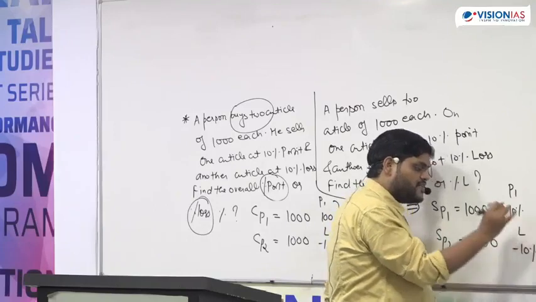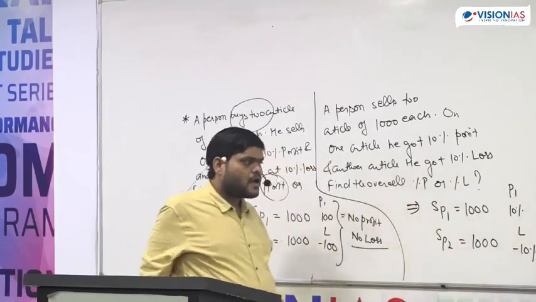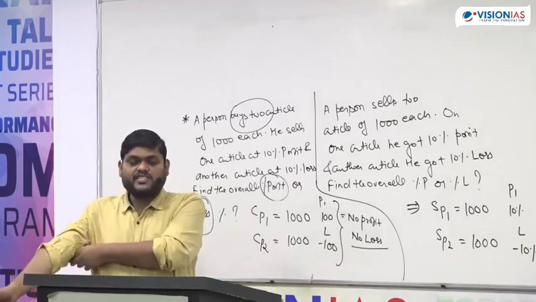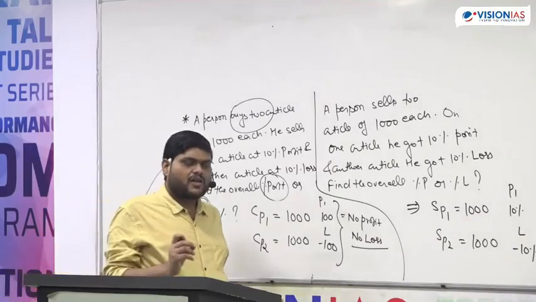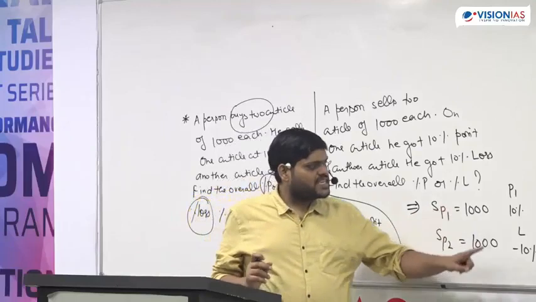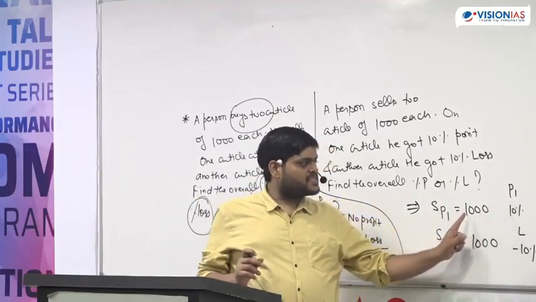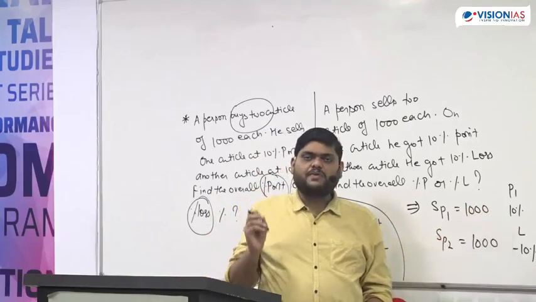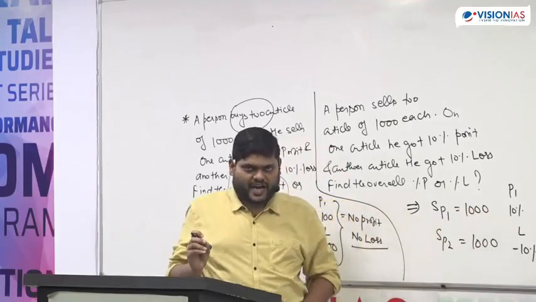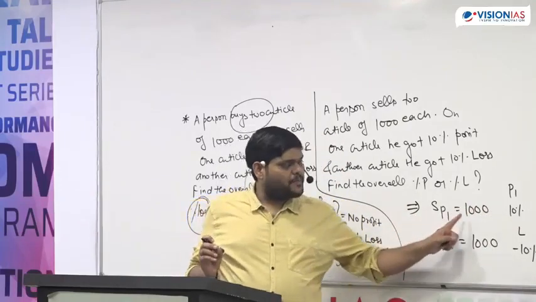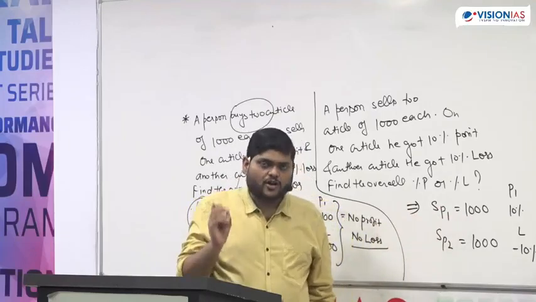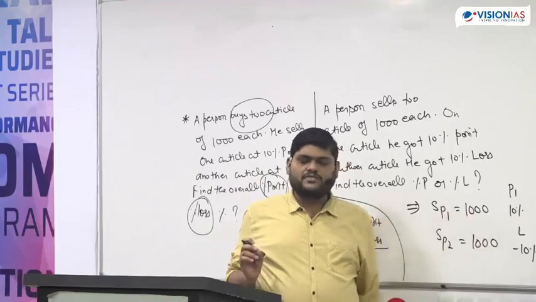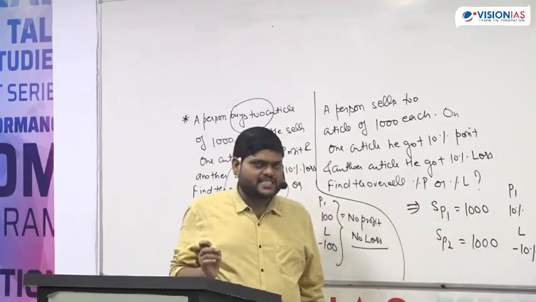Loss is also given as 10%. But what is the problem here? The problem is we cannot say that the profit is 10% of this. Why? Because profit is always calculated on the cost price, and here selling price is given. So we cannot say that the profit is 10% of this value. Is this making sense or not?